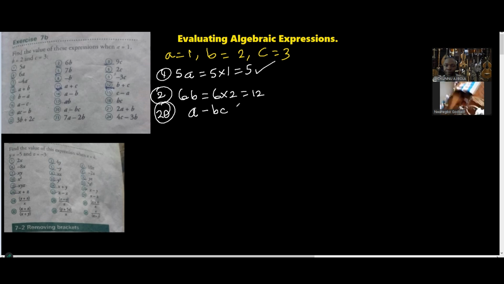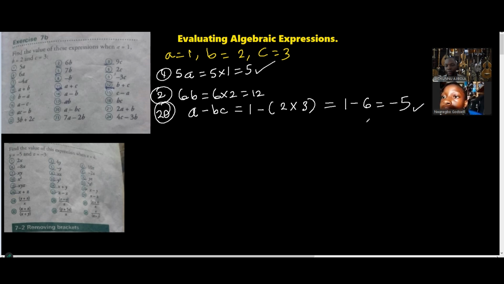What's a? A is 1. B is 2. And c is 3. So we have 1 minus 6, which is negative 5, okay?